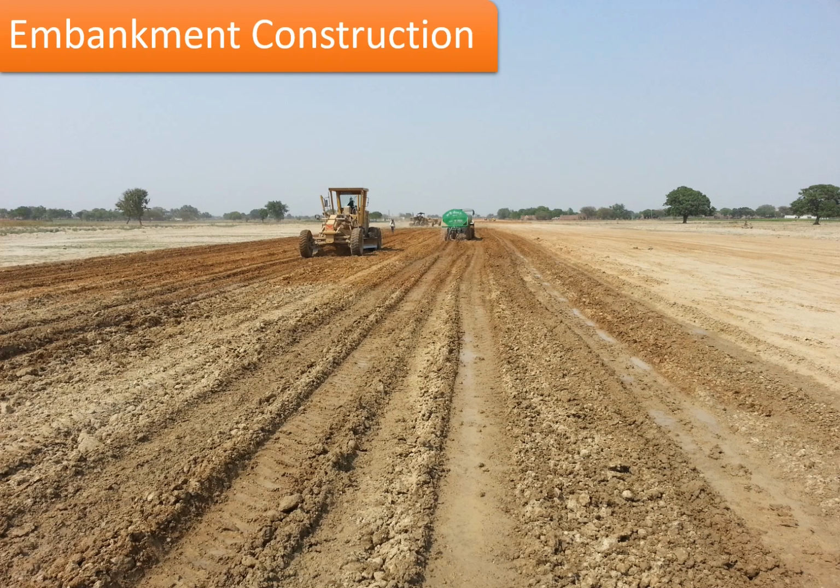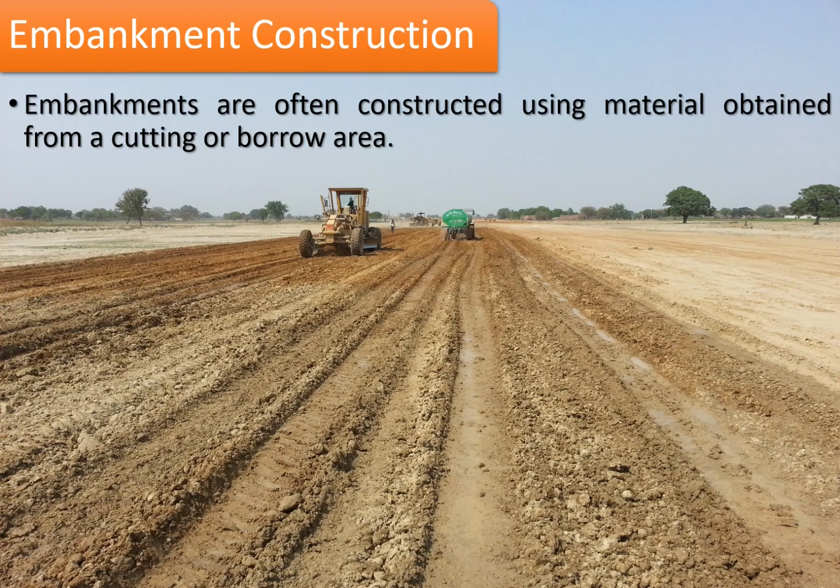If you see the photograph, this is the construction phase, which indicates that the soil is being laid in this section, which has been watered using a water tanker. This is required to maintain the optimum moisture content of the soil.